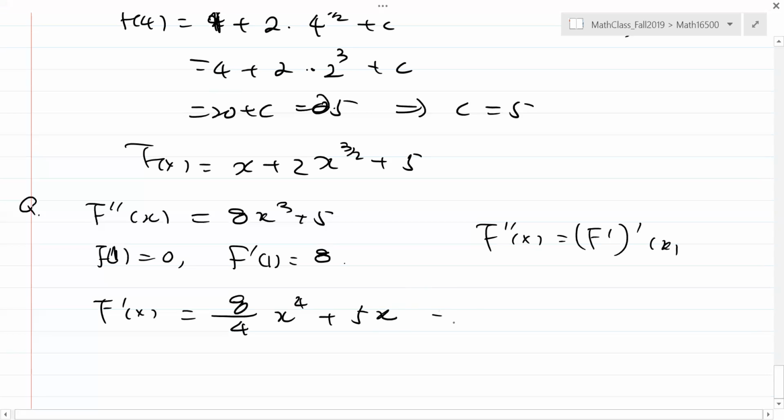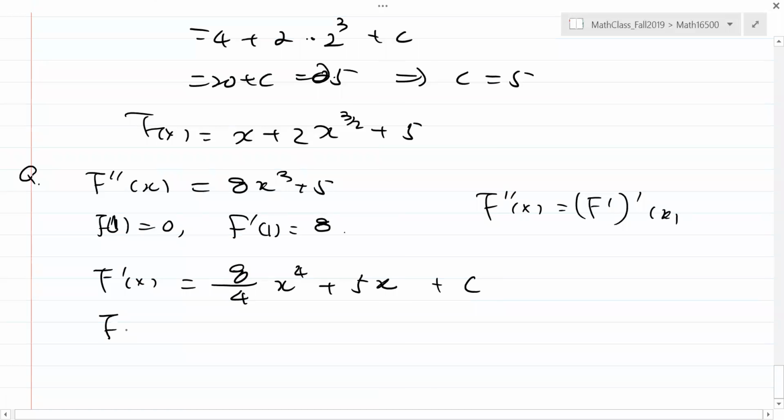And you have to put a constant again, the very general form. Maybe we can determine the constant right now because we know the value of f prime of 1. F prime of 1 is 2 plus 5 plus c equals 8. So c is going to be 1.